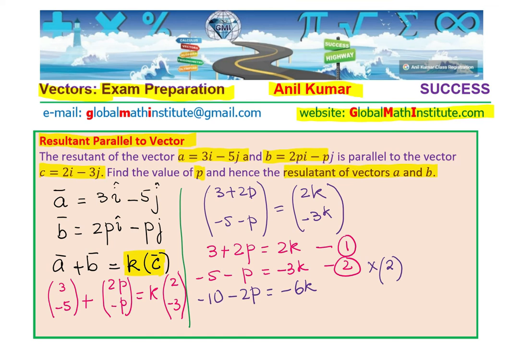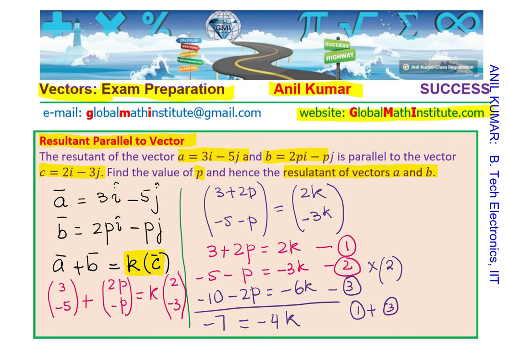We call this equation 3, and we add equation 1 with equation 3. When you add, 3 minus 10 is minus 7, 2p minus 2p is 0, and we get the value of k, which is minus 4k.